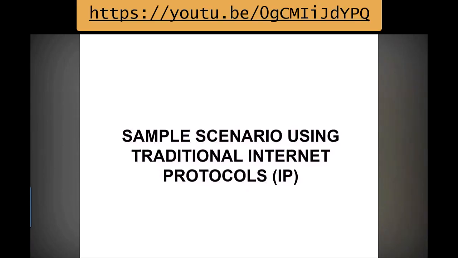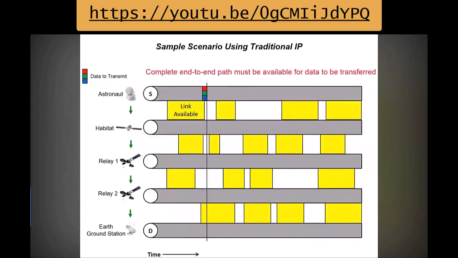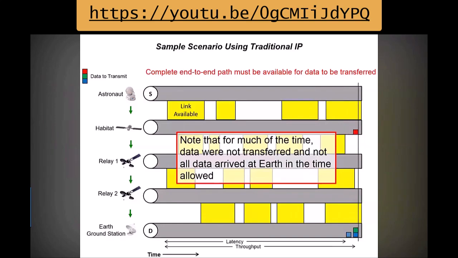So in using standard TCP/IP protocols, communicating from the astronaut down to the ground station, as we move across in time, we can't transmit until we have a link to the target. We have a way that we know to get to that target. And so we would have packet loss in this case.